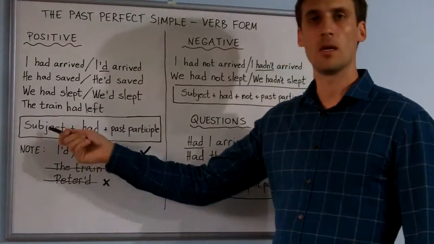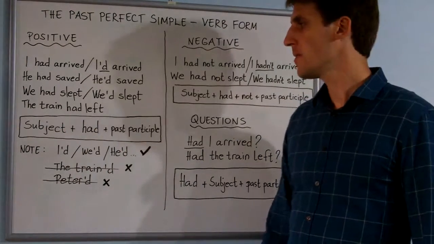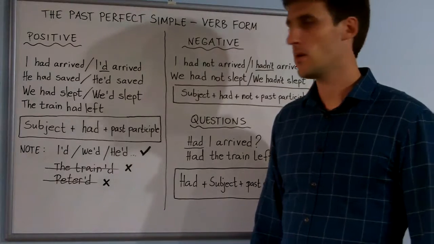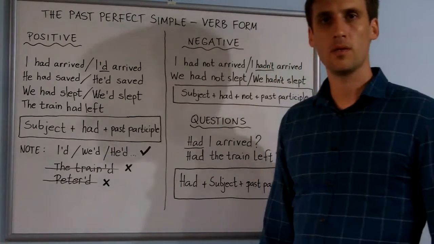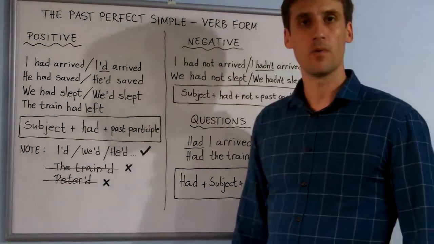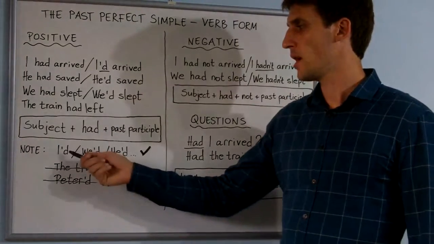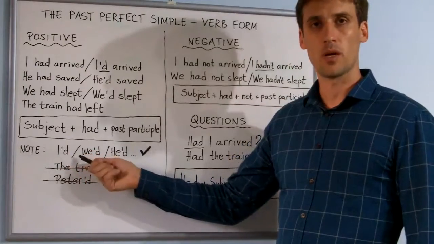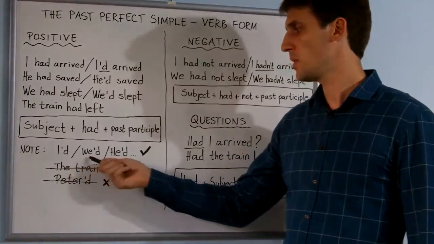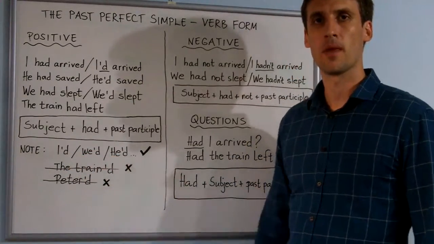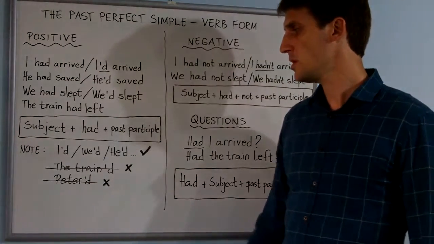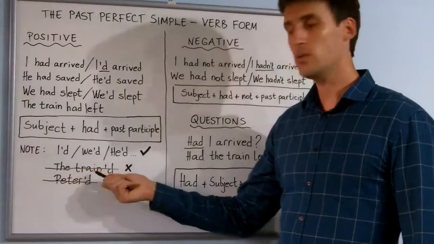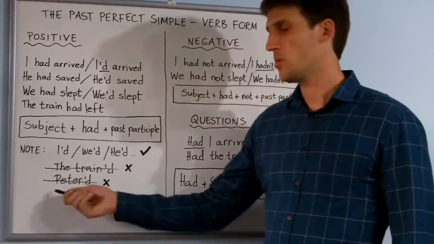It can be in plural or singular. This verb had never changes. Also, we use the contracted form for had, usually with personal pronouns. I'd, we'd, he'd. We don't use it with a subject that is a noun or a personal name.